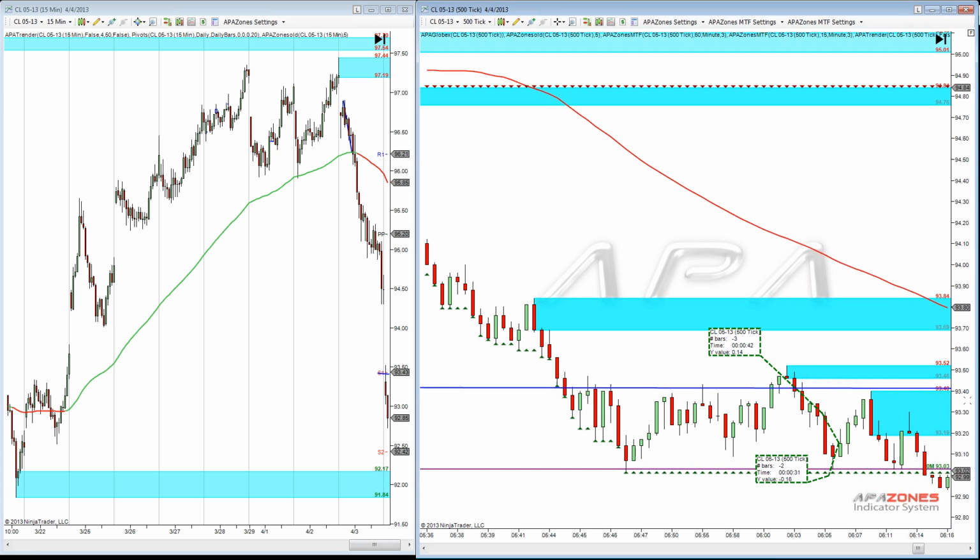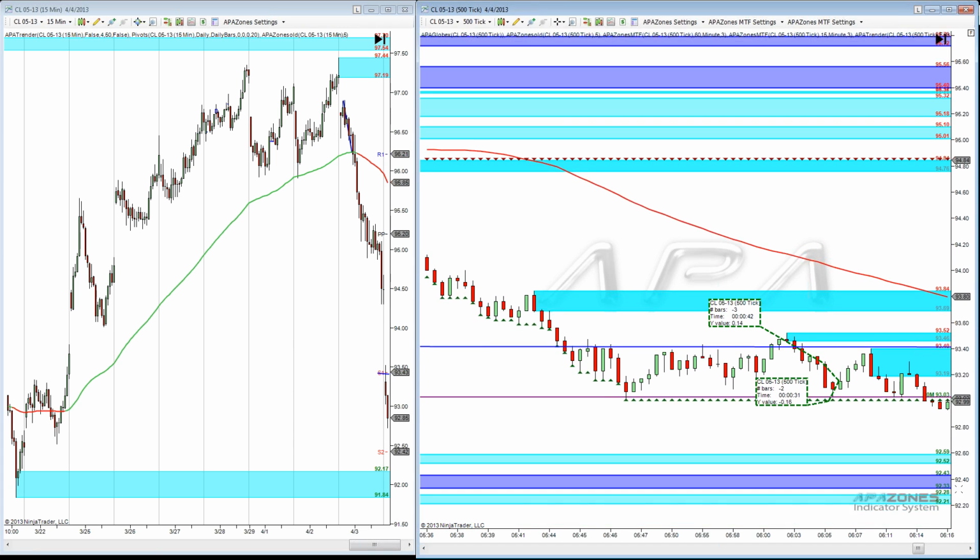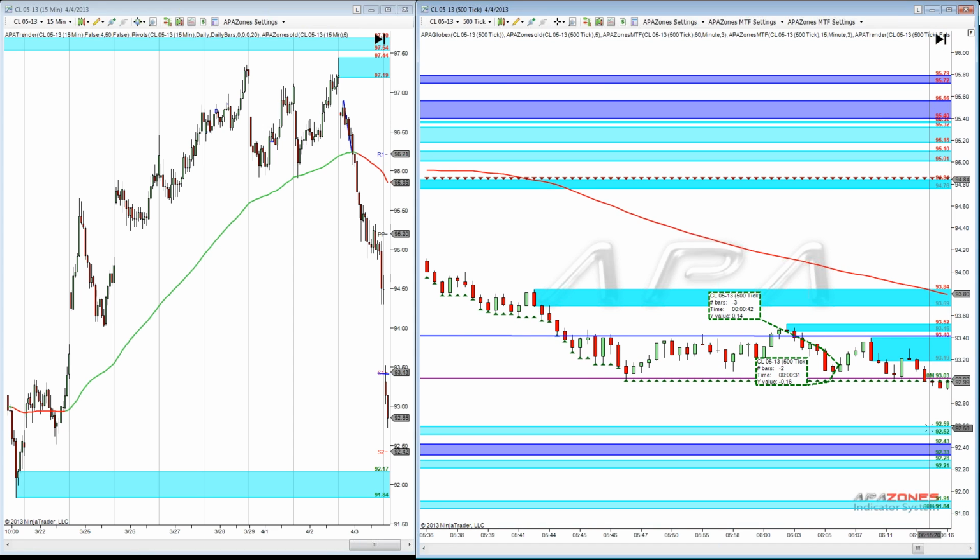All right. So looking down at the zones inside the 60-minute time frame, we can see that we do have a few in the middle as well as one on the bottom of this zone. So the downtrend is still intact. The counter trend trade, if you took your first target there, that worked, but obviously it didn't work to pull it up to the next zone of opposite type.